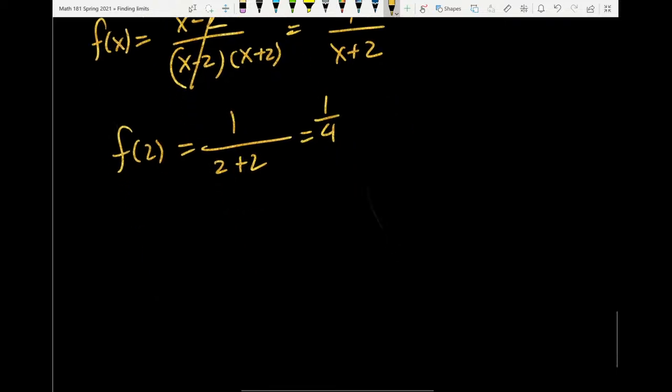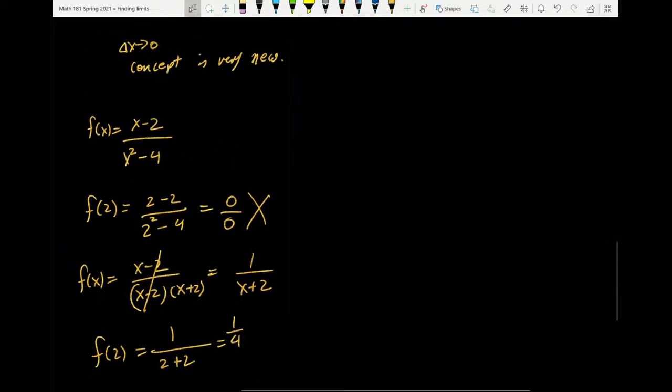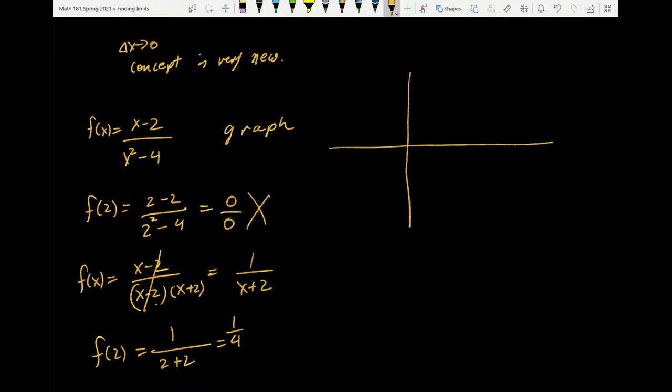If you would try to graph this, what would it look like? Let me go back over here. If you would try to graph that, you would have asymptotes right over here, and I think your graph would look something like that.